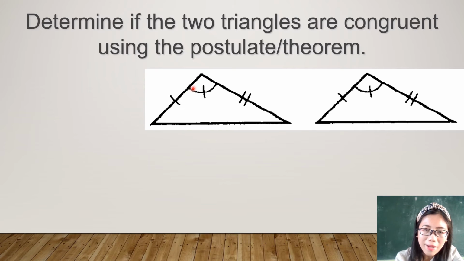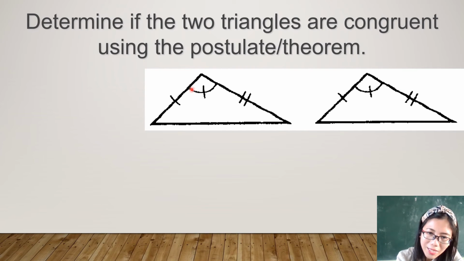One hash mark on this triangle corresponds to one hash mark on the other, which means these two corresponding sides are congruent. An angle has one hash mark, and also one hash mark here, and two hash marks for this side, and another two hash marks for this side of the other triangle.